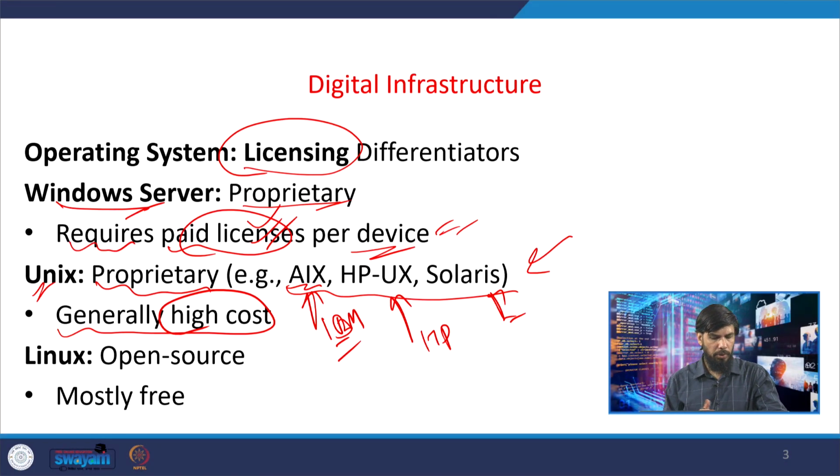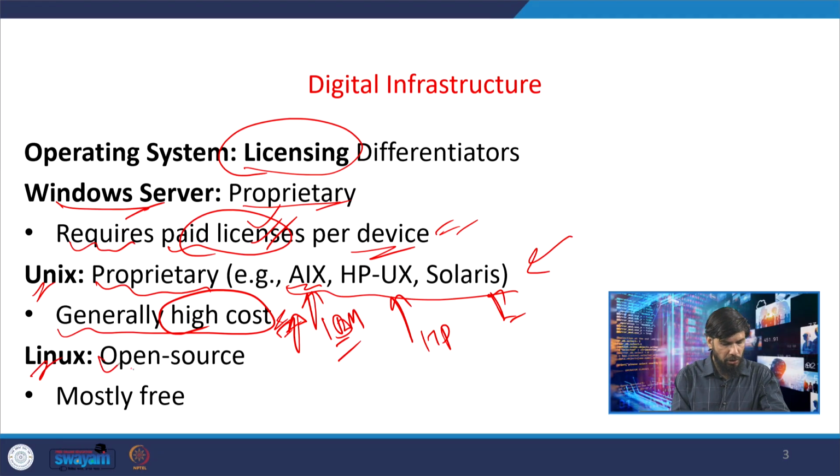So, the cost of these operating systems is bundled with the servers, but it is perceived to be high cost in the market, because more often than not these operating systems are the go to operating system for enterprises because of the security and other mission critical features that they offer.